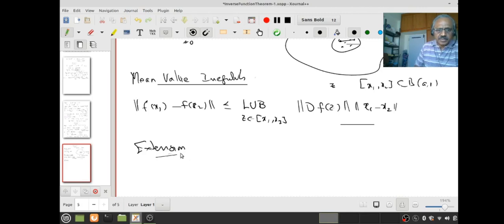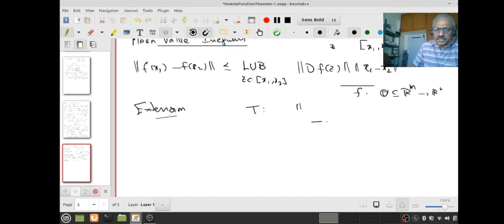The extension of this is: suppose T is any linear map, and this f may be anything, f from U in R^m to R^n. Here I am not assuming this is the same U as we did earlier. Now suppose T is a linear map from R^m to R^n. Let us define a map G(x) equal to f(x) minus T(x).